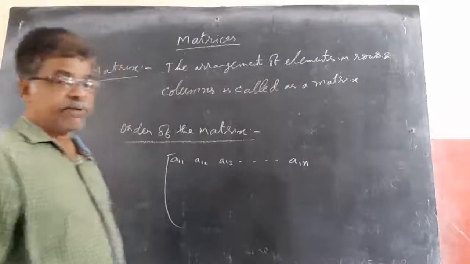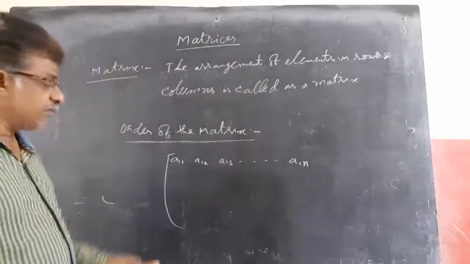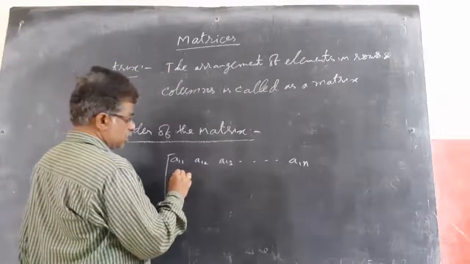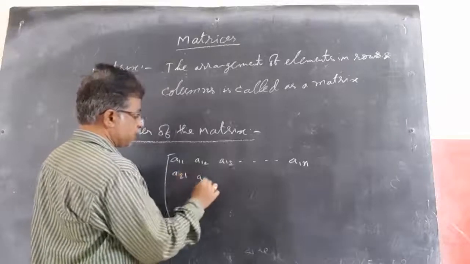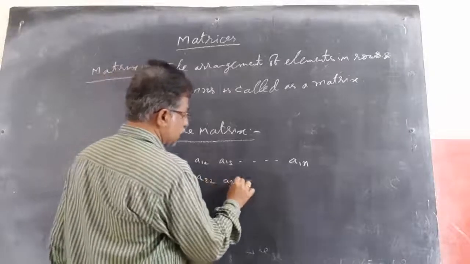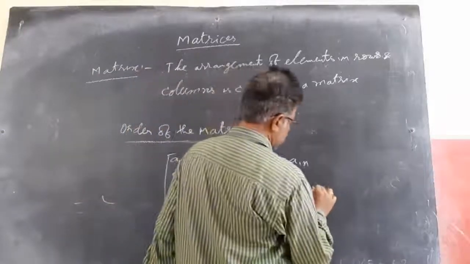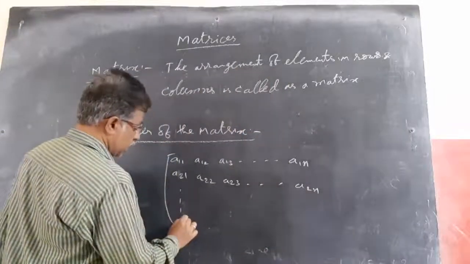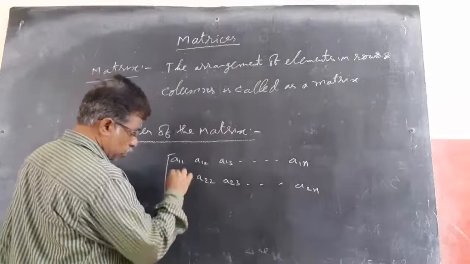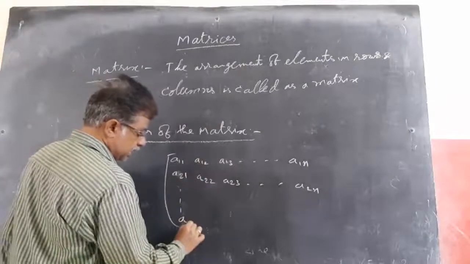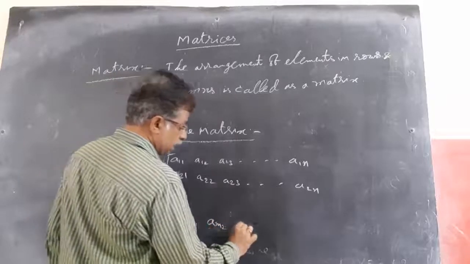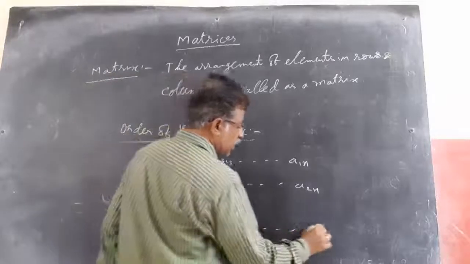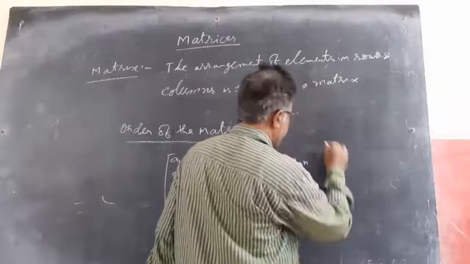Second row, first column A21, A22, A23 and so on, A2n. Like this, if I have m rows, first row, second row, third row, up to the mth row: mth row first column, mth row second column, mth row third column, and so on, mth row, nth column.